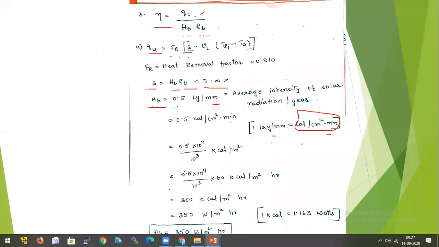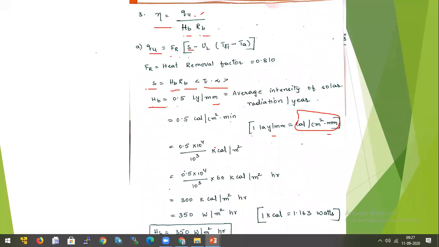For writing kilocalories, I am multiplying and dividing by kilo. In numerical values we cannot write K, so I put K as 10 power 3, 10 cube means kilo, and in the numerator I keep only the kilo.